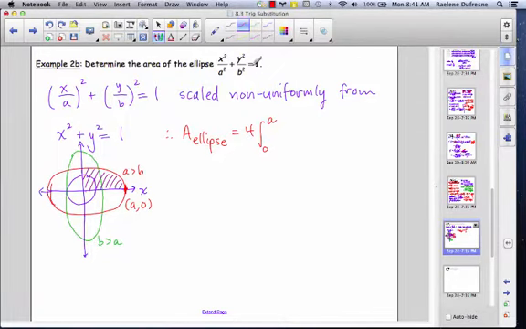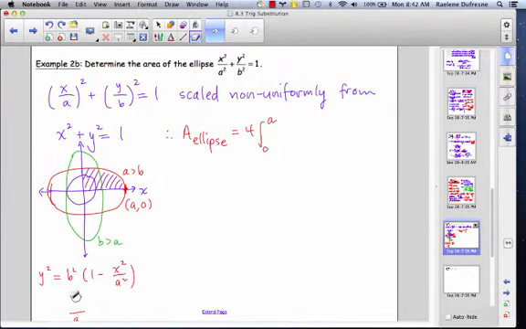So we need to solve for y. So we know that y squared is equal to b squared times 1 minus x squared over a squared. And I can get a common denominator here, so making this b squared over a squared times a squared minus x squared.